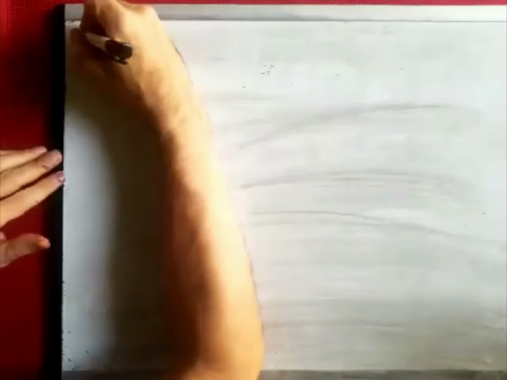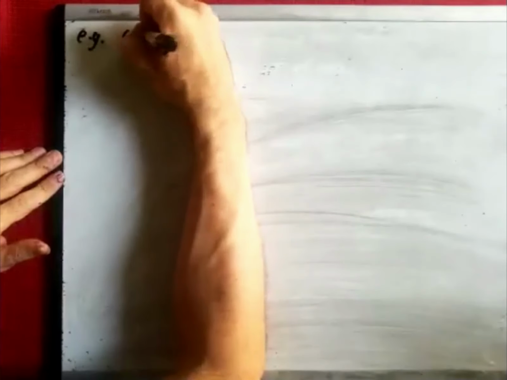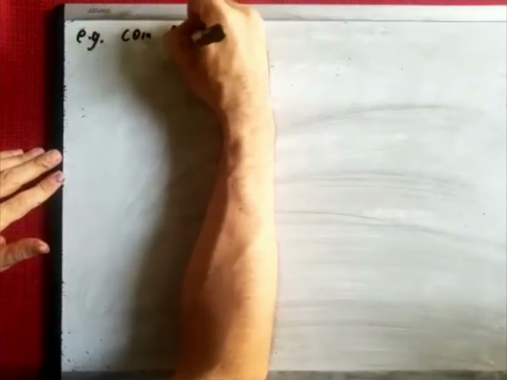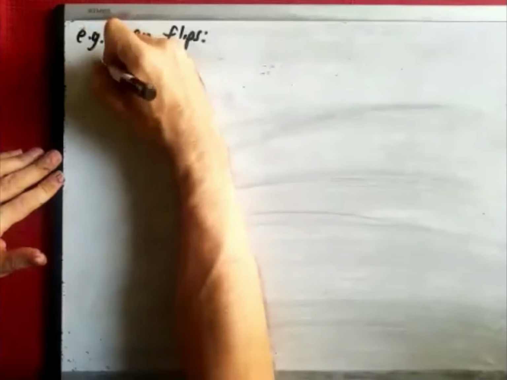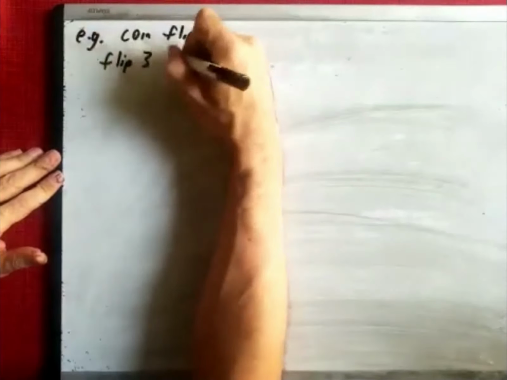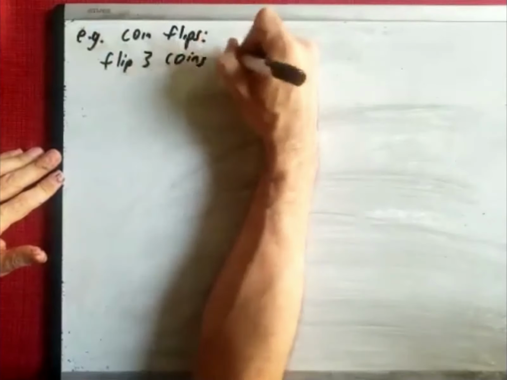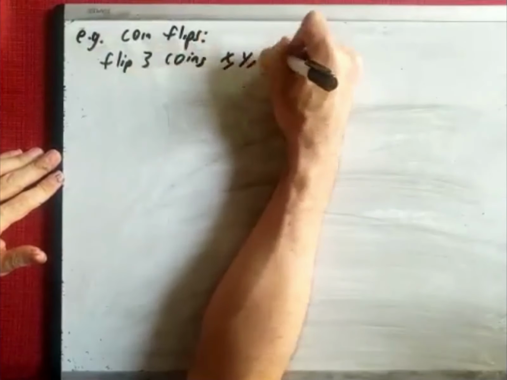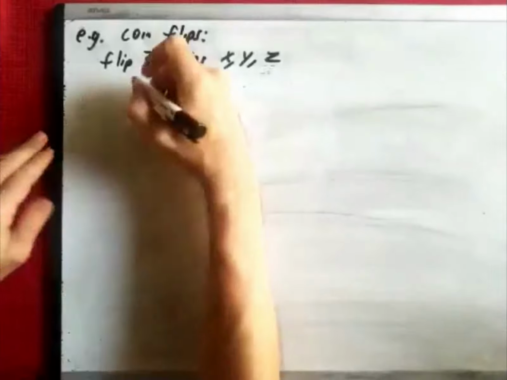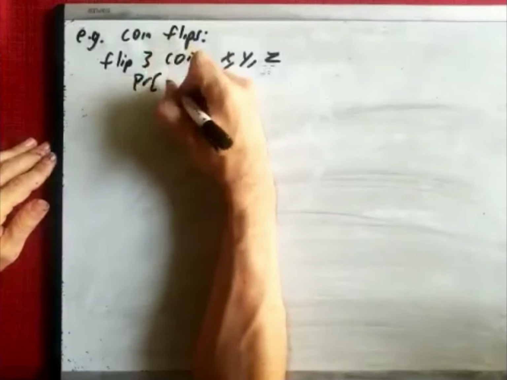And let's just think about coin flips. Okay, so if I flip 3 coins, X, Y, and Z, right? What can I say about the probability that X comes out the same as Y?